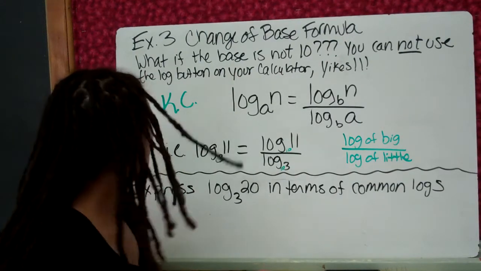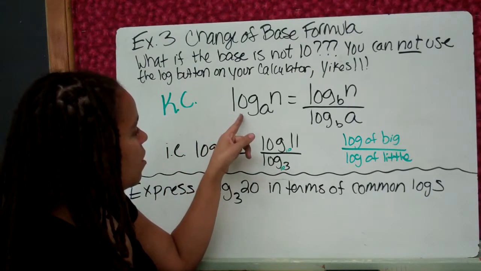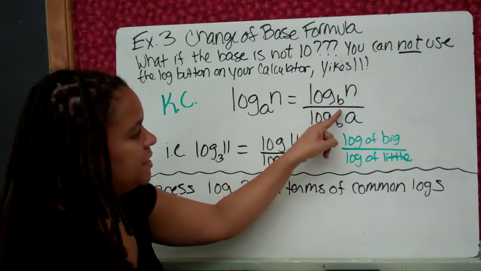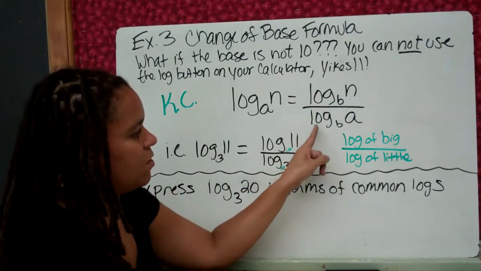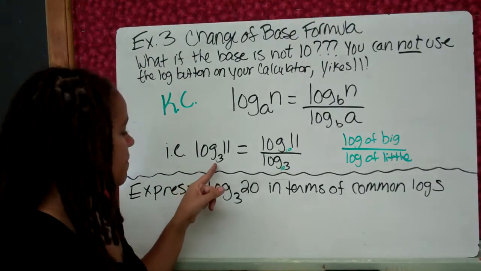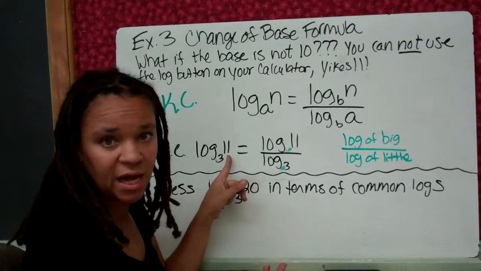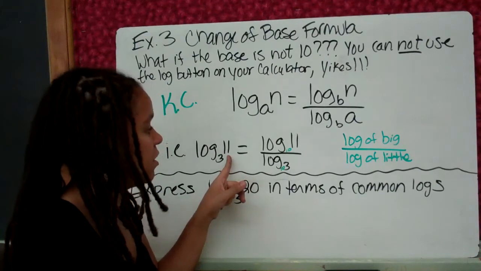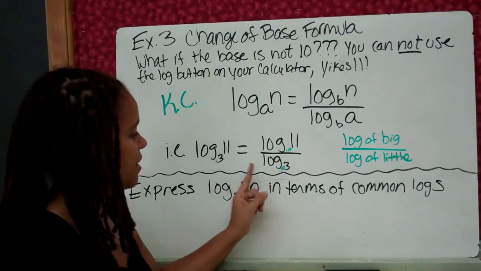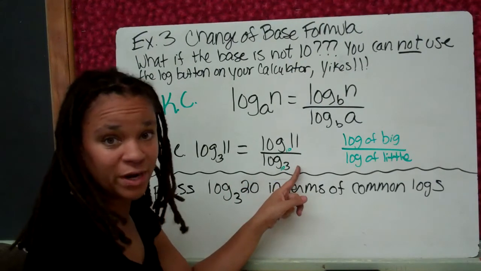It will be wrong. So the key concept here, log base a of n, and this is the change of base formula, log base b of n divided by log base b of a. Let's turn that into English. So if you have log base 3 of 11 and you want to evaluate that, you can't push the log button in your calculator. But you can take log of 11 and divide it by log of 3, and it will be your answer.